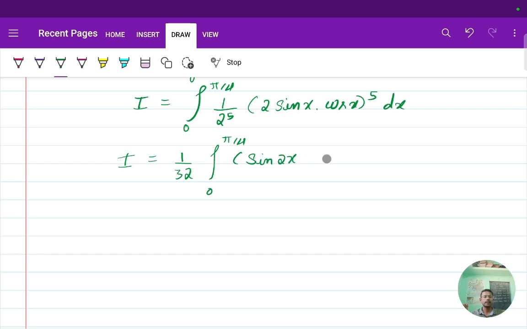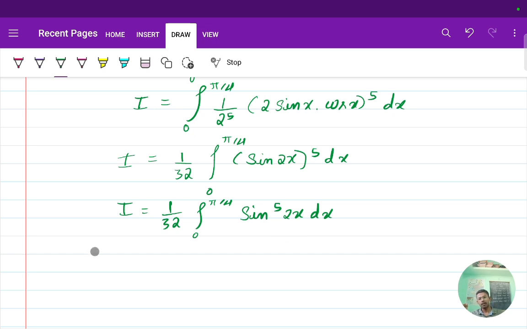Here there is x, so sin 2x whole power 5 dx, and I is equals to 1 by 32 integration over 0 to pi by 4 sine power 5 2x dx. Did you understand up to here?